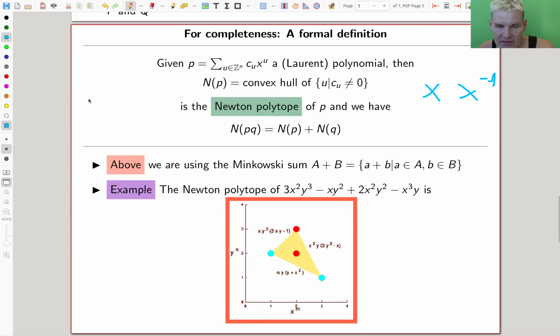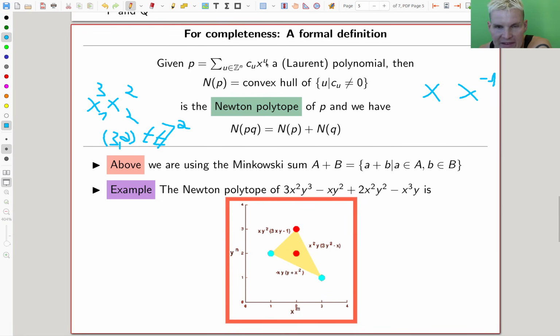I just denote that as follows. If you have x1, x2, and they have some exponents, say 3 and 2, I can just denote the exponent as (3, 2), a vector in Z squared. I allow negative powers, so that's what the notation here means. I just have some coefficients, and I have such exponents, and I have one of those polynomials.